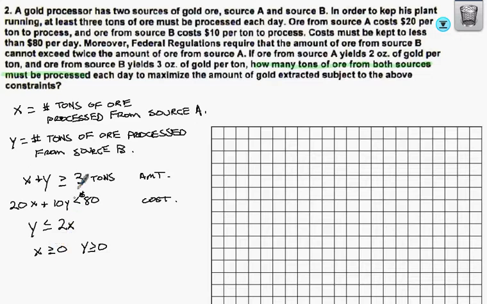So these are the inequalities that we're going to be working with. We've now defined our variables, we've written the inequalities, and now we need to graph those inequalities.